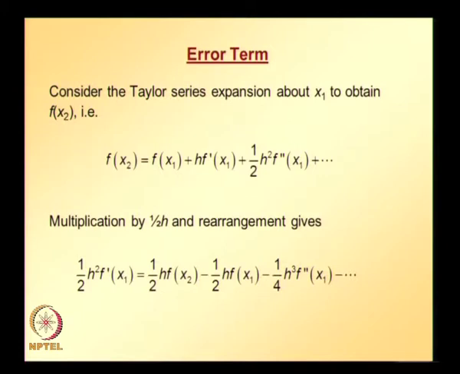Now we are going to substitute this, that is half h square times first derivative of f evaluated at x1, into the previous equation that we looked at when deriving the error term for the rectangle rule, which is reproduced here.